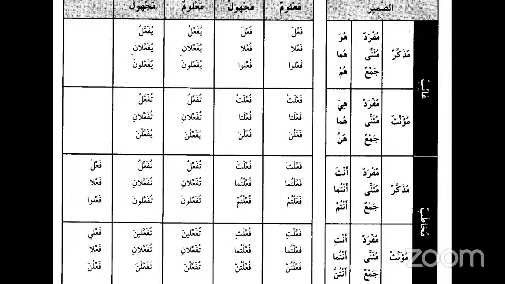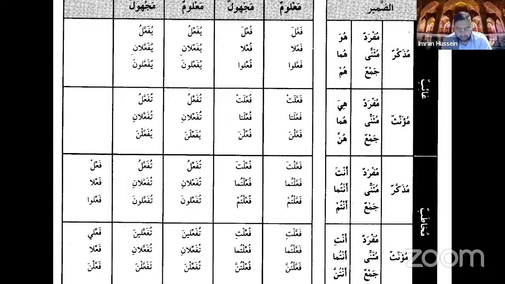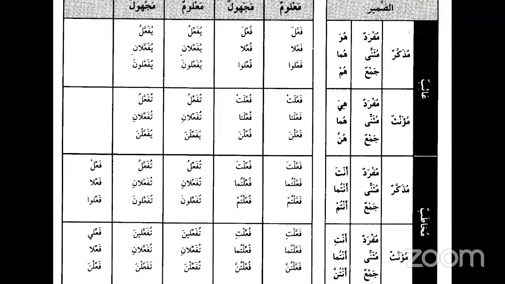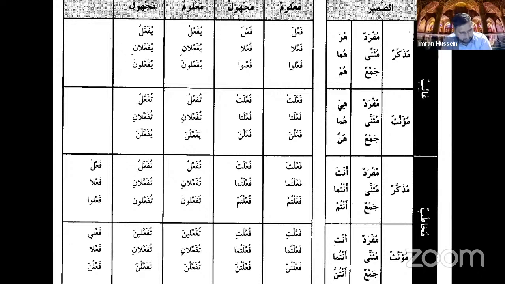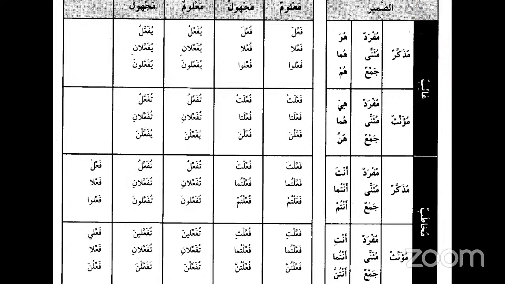Sallama, yusallimu. Sallim. Correct. Conjugate now, please. Sallim, sallima, sallimu, sallimi, sallima, sallimna. Correct.